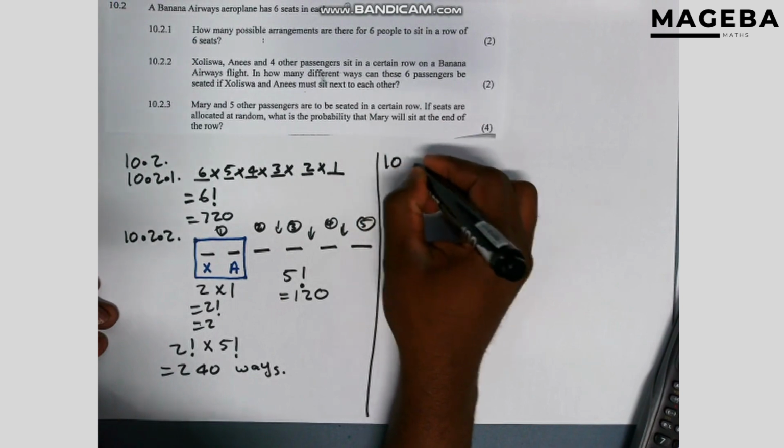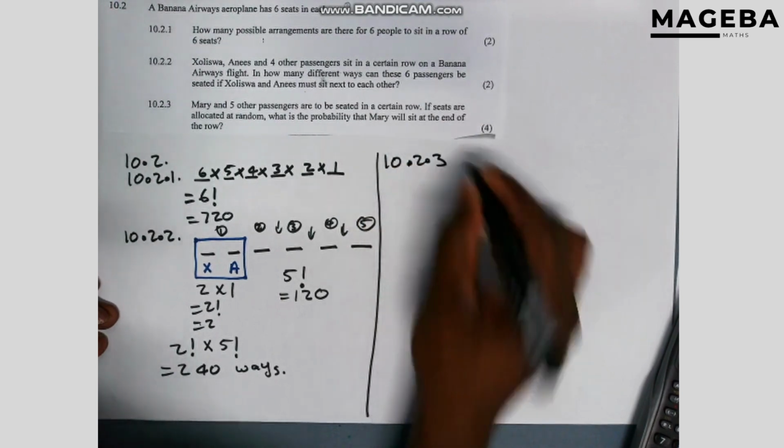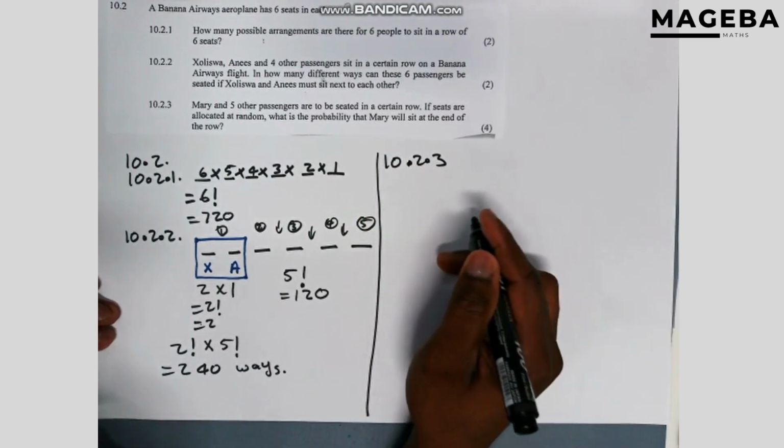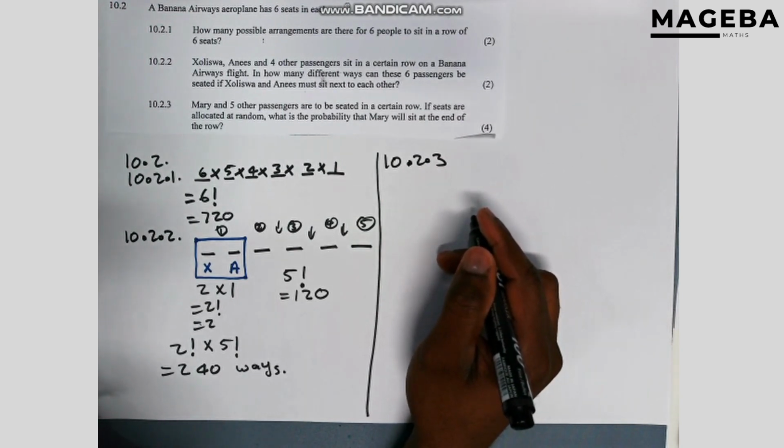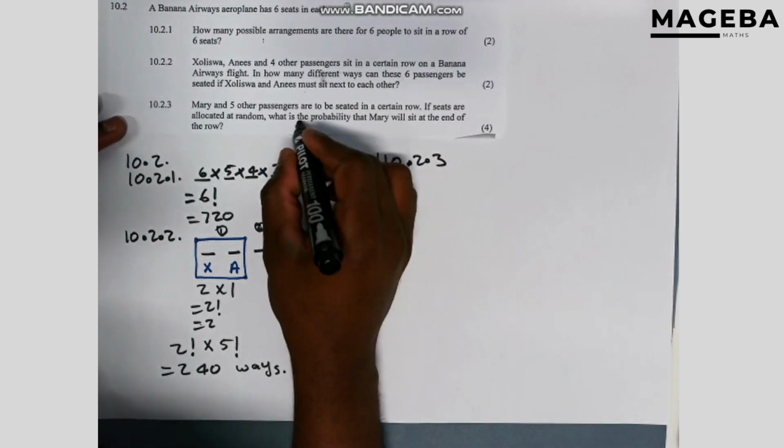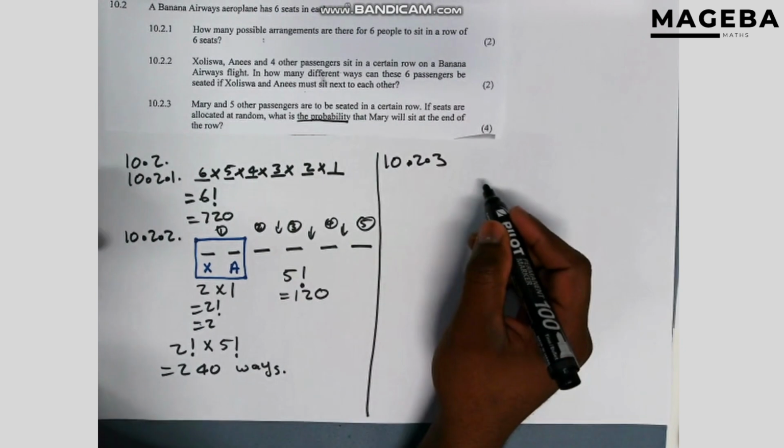Now let's go to 10.2.3. They are saying Mary and 5 other passengers are to be seated in a certain row. If seats are allocated randomly, what is the probability that Mary will sit at the end of the row?